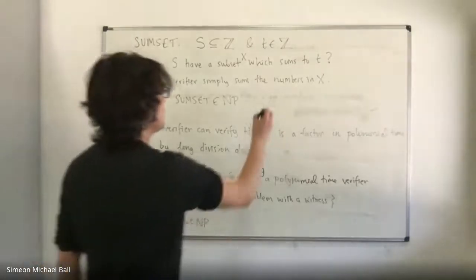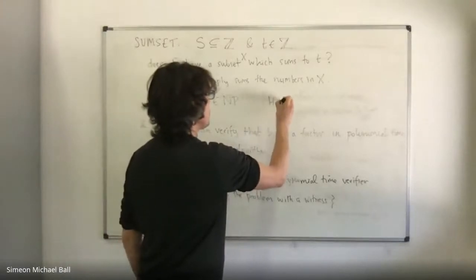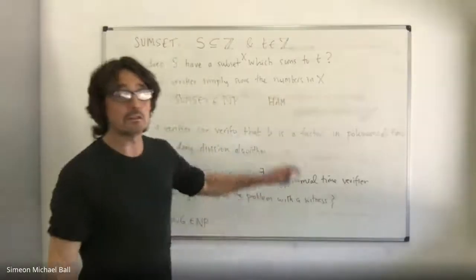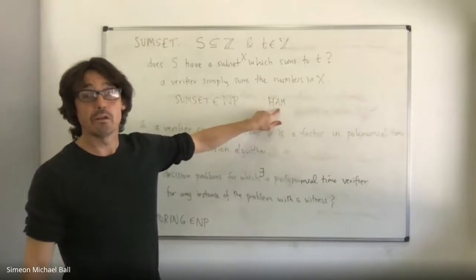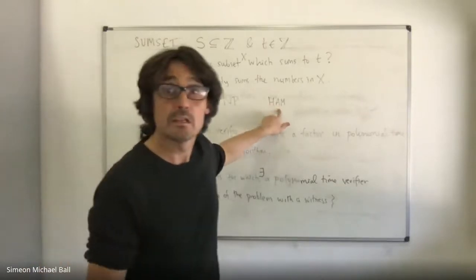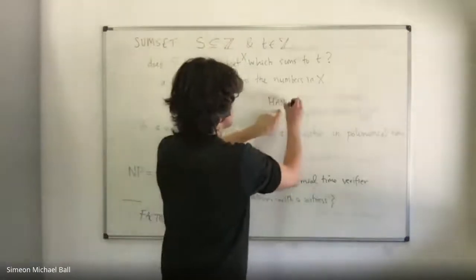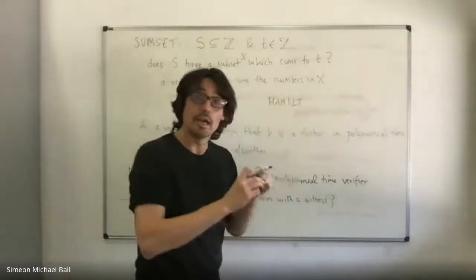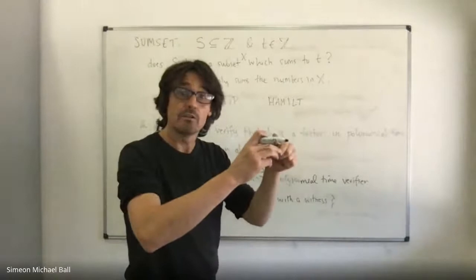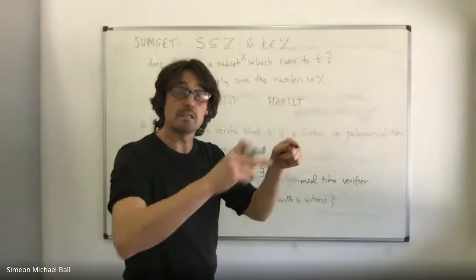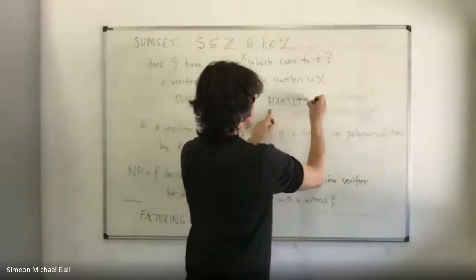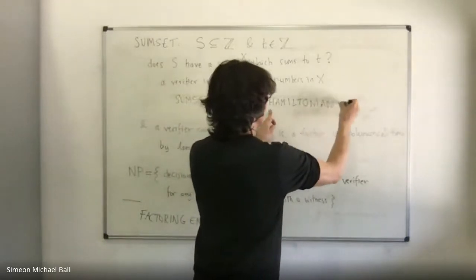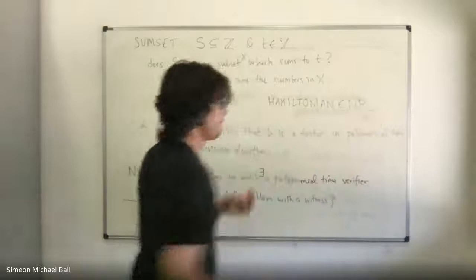Hamiltonian path is also in NP, because the witness would have to be a Hamiltonian path, in which case you could check just by going through and checking that each edge in the path is indeed an edge of the graph.